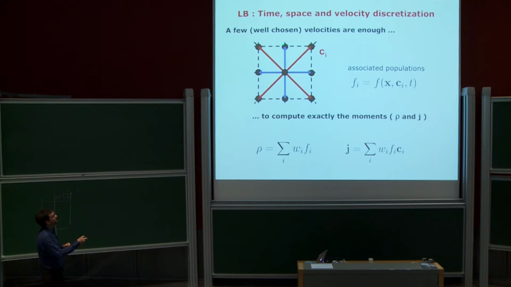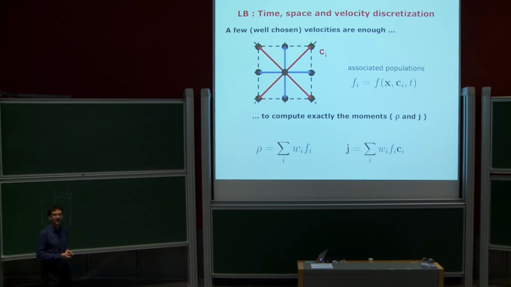And you're also discretizing velocity space by choosing just a few possible velocities for your particles that will be only allowed to move from one grid point to the next during a time step, because you're also discretizing time, as in computational fluid dynamics. So particles can sit only on a grid, and they can only move between time steps from one grid point to the next.